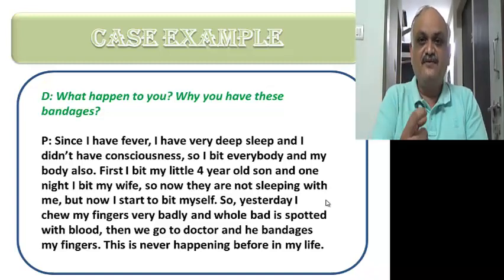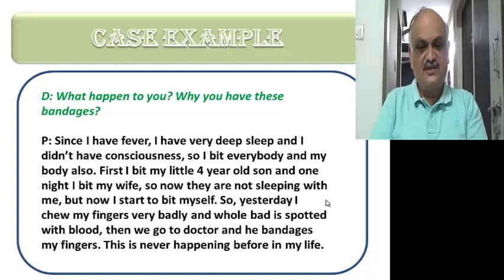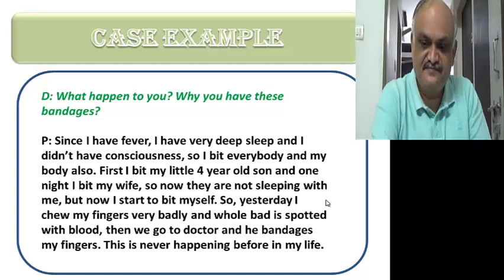Another very peculiar symptom. Yesterday I chewed my fingers very badly, and the whole bed is spotted with blood. Then we go to the doctor and he bandages my finger. This never happened before in my life. So very peculiar, right?